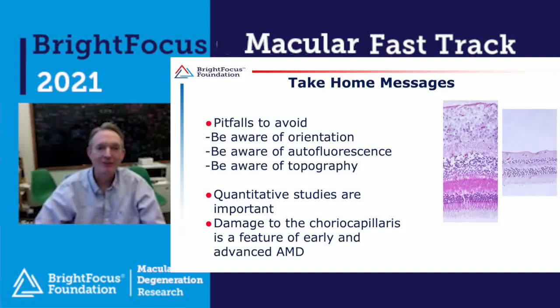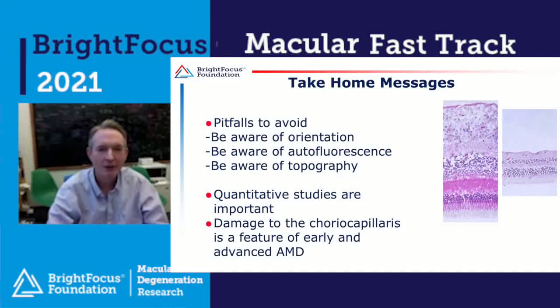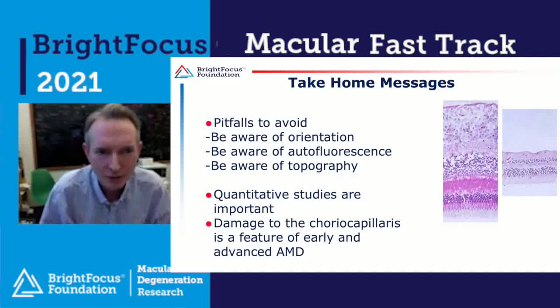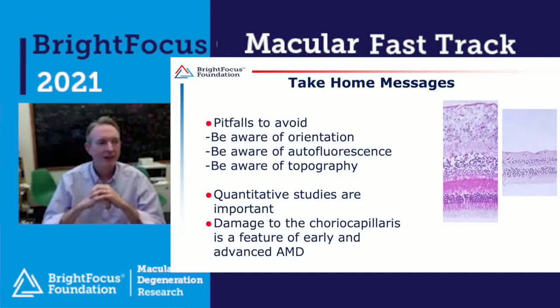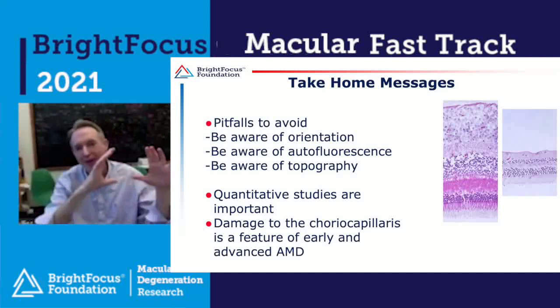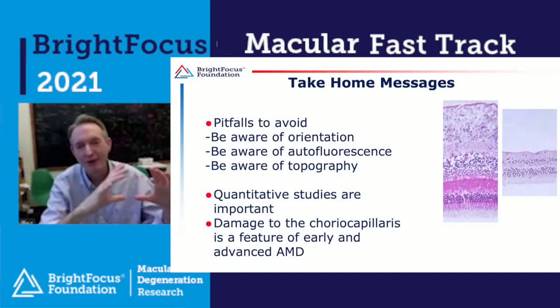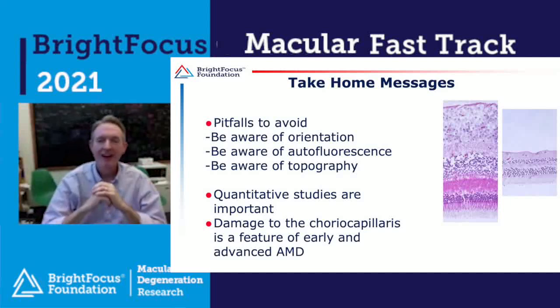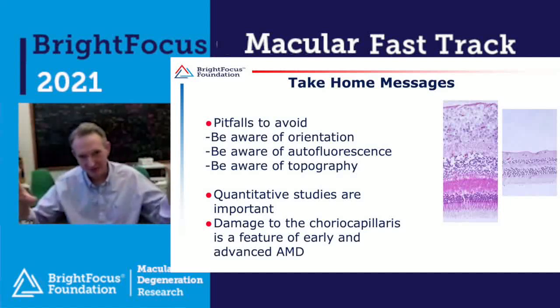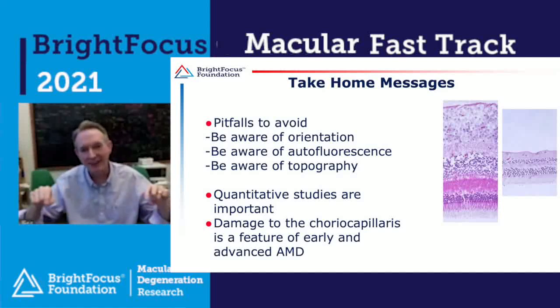And as I mentioned earlier, autofluorescence is a challenge. There are some ways to get around that. I'd also say that quantitative studies are important. And when you do histology, you can kind of go and point that microscope anywhere you like in the field. And same with cell culture. You've got a field of cells. How are you going to decide which one to take?